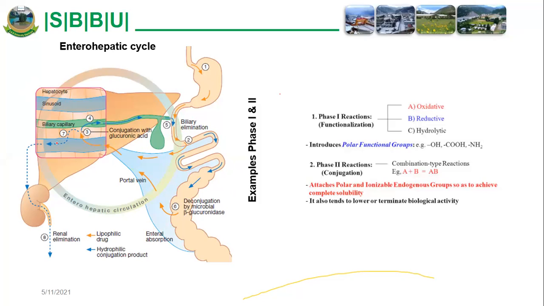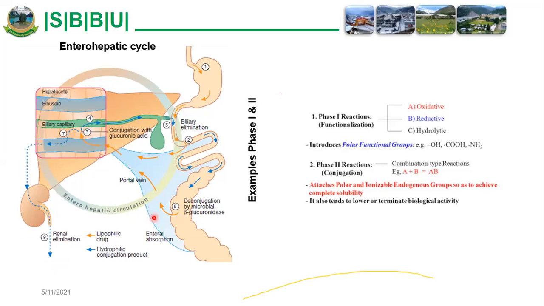Whenever they metabolize these things, they can easily become lipophilic. The yellow indicates the lipophilic drugs, while the blue indicates the hydrophilic conjugation products. If it's a hydrophilic conjugation product, it can easily be excreted via here, right? While if it is more lipophilic, it can be absorbed by the hepatic circulation and come to the liver for conjugation to make it a more hydrophilic conjugated product, so it can be excreted by the kidneys.